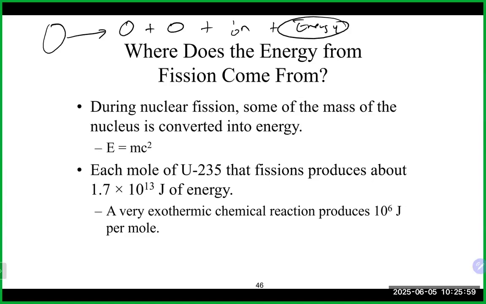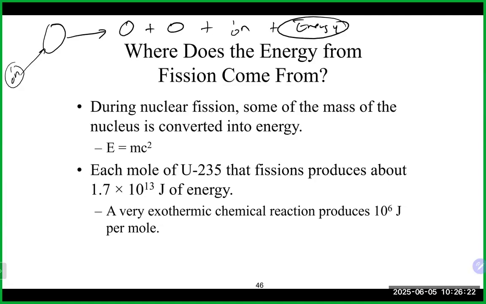This can be a spontaneous process where something unstable will go through this splitting process. You could also initiate it, as we'll talk about, by, for example, shooting a particle like a neutron at something that's stable, and it will then become unstable and will go through this decay process.